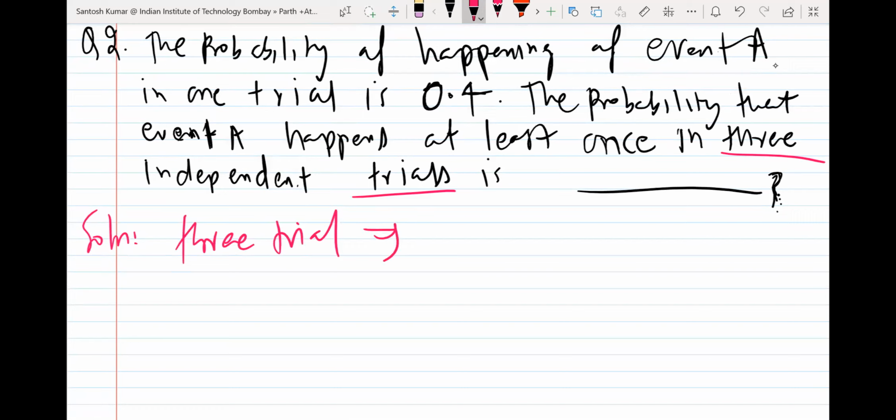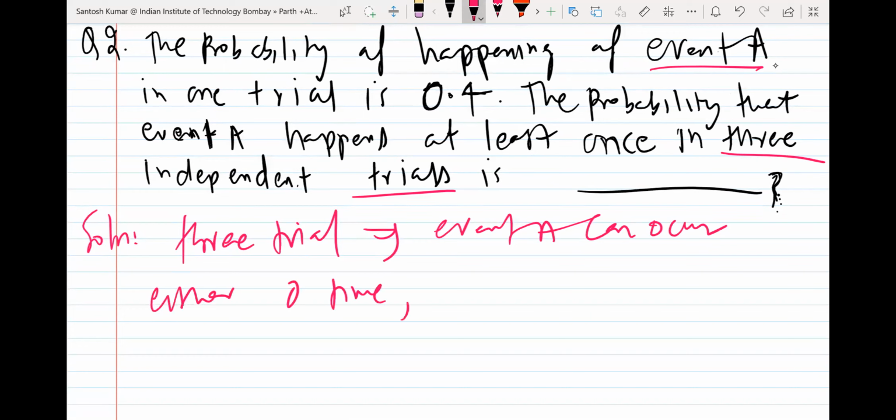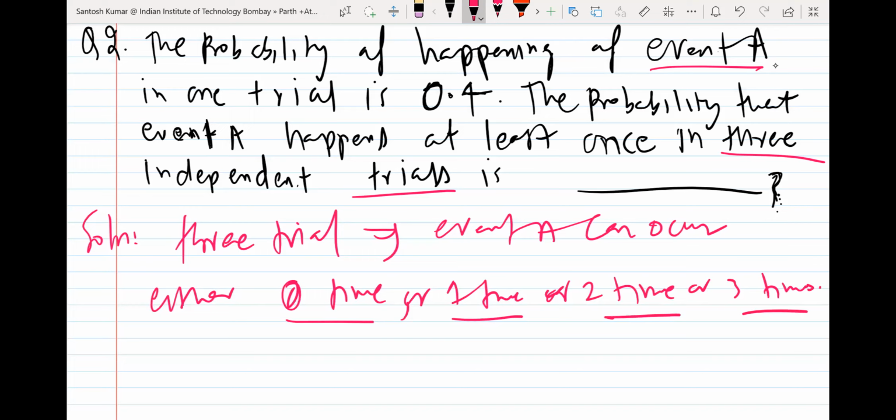Event A can occur either 0 time, or 1 time, or 2 times, or 3 times. These are all possibilities. So either no time, 0 time will A come, or 1 time, or 2 times, or 3 times.